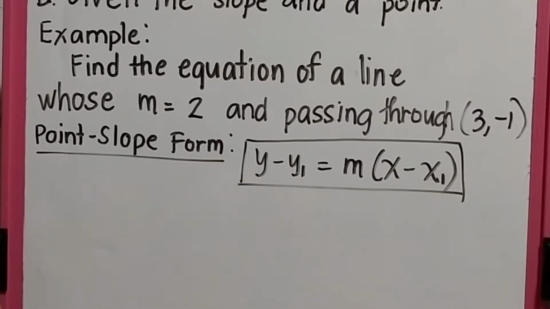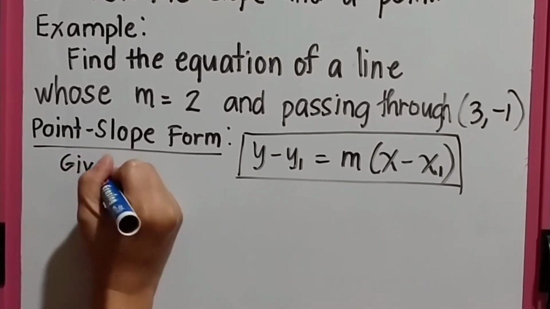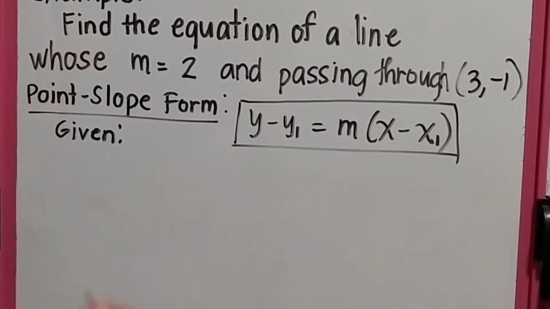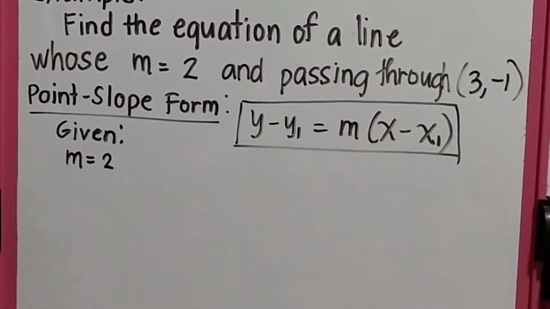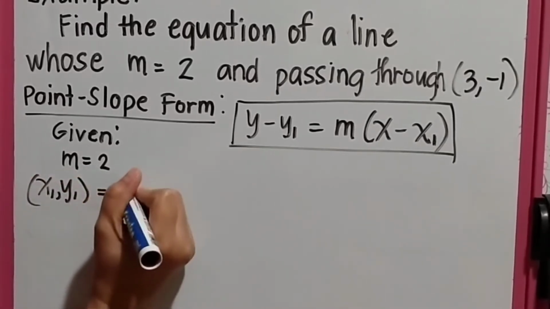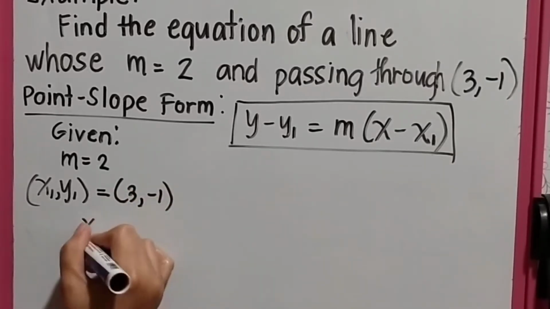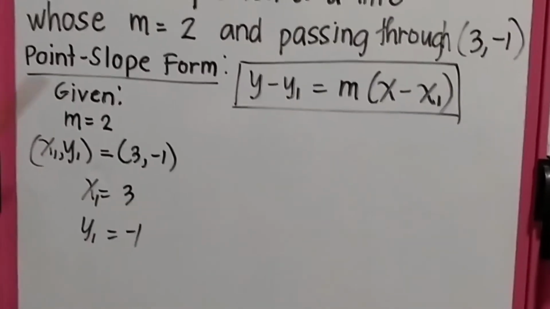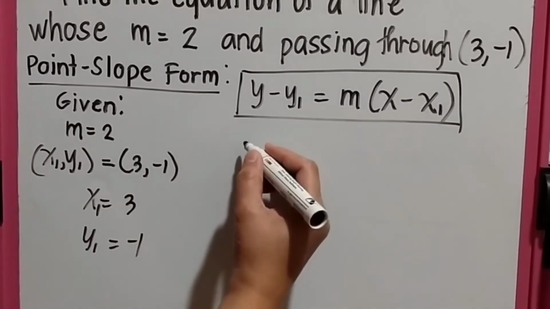Okay, let's first determine or identify the given. In the problem, the given are m, which is 2. And, of course, the given point, x sub 1, y sub 1, that is 3, negative 1. So, meaning, x sub 1 is equal to 3 and y sub 1 is equal to negative 1. So, we will just substitute this m, x sub 1, y sub 1 to this form. So, let's do that.